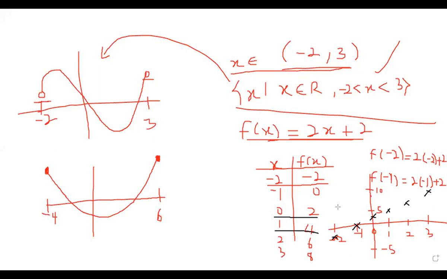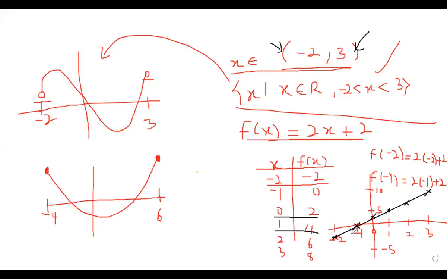The function is going to be a straight line, from this point to this point. Now, the point I'm making here with the closed borders and the open border, let me touch on that again. Because the interval here is open, and this is also open, it means that x = -2 and x = 3 are not part of the interval.